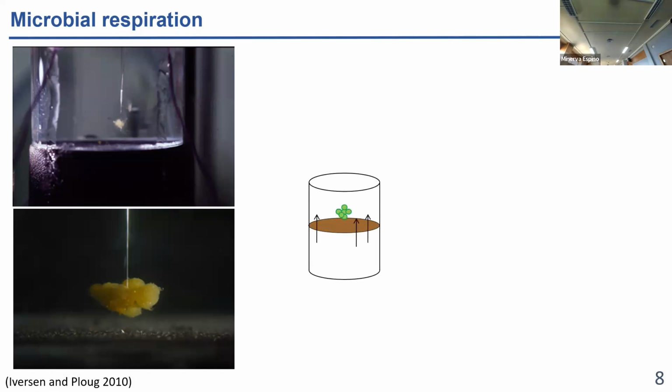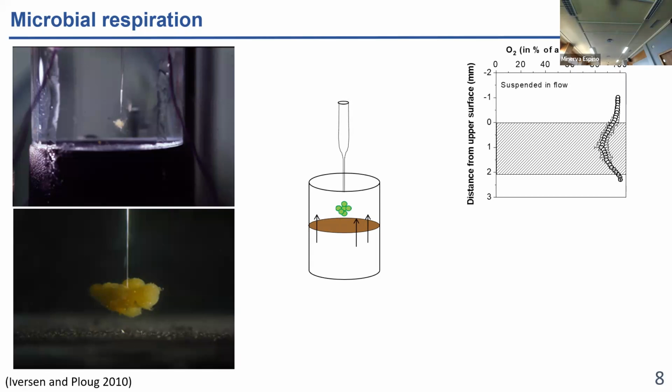And then we balance the upward flow with the sinking velocity of the aggregate so it sits suspended. And then we can measure the sinking velocity as well. We can measure the size in all 3 dimensions, or take a picture of it also. And then we use an electrode oxygen microsensor to measure in very small steps the concentration of oxygen through the aggregate all the way through.